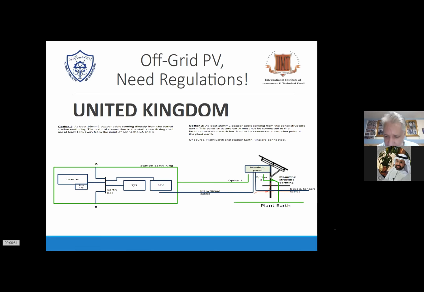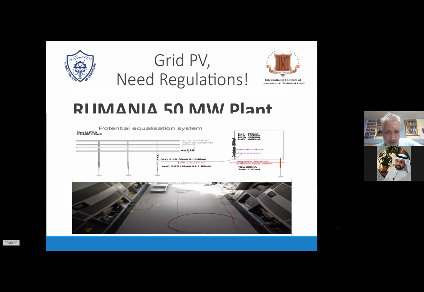In the UK, like I said, most of the time it's thermo welded with earth rods at the corners, and in Germany most of these stations are on a concrete base or have an earthing ring around it.